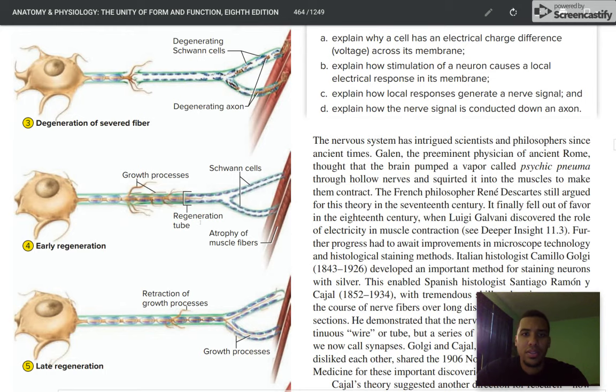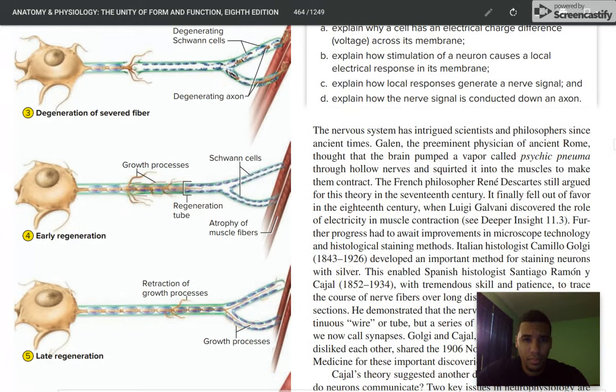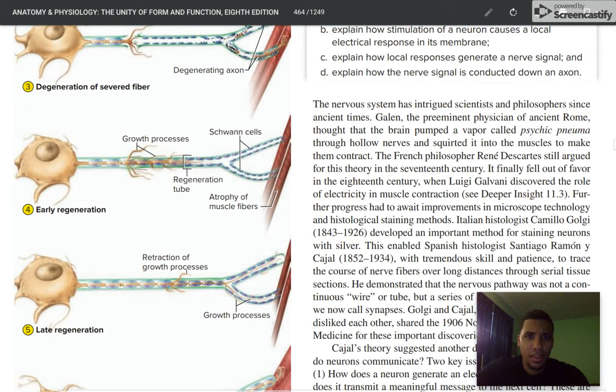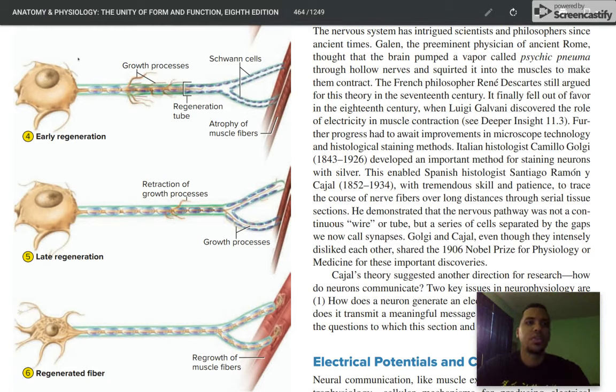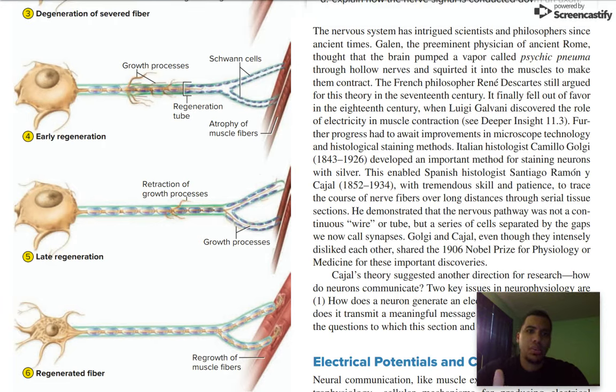This happens at a very slow rate. You have your muscle fibers here that are actually affected. So this is a motor unit. You have one neuron innervating these two muscle fibers, and they're both atrophied. This is called denervation atrophy. That's when you cut the communication between the nerve fiber and the muscle.